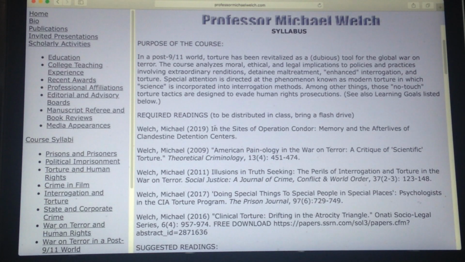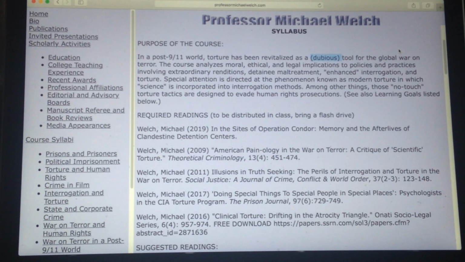And what happened before and after is prominently displayed in these tools of the War on Terror. Let me continue. Torture has been revitalized as, and I mention here in parentheses, a dubious, very questionable.